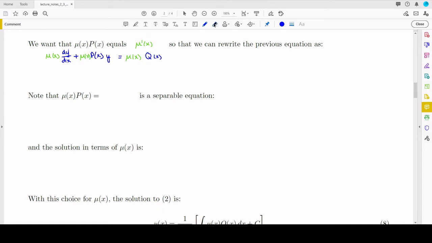And so if this is equal to mu prime, right, then our differential equation looks as follows.